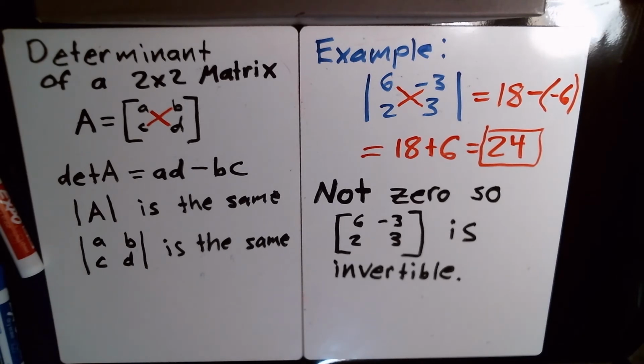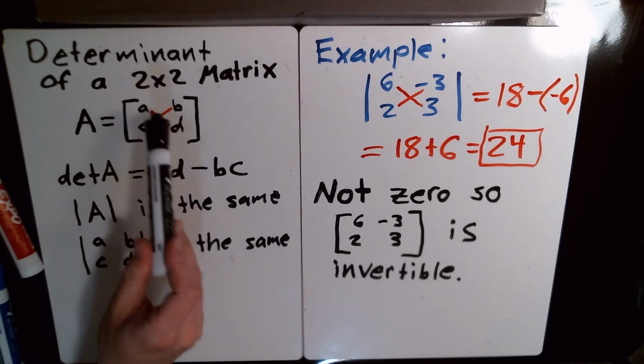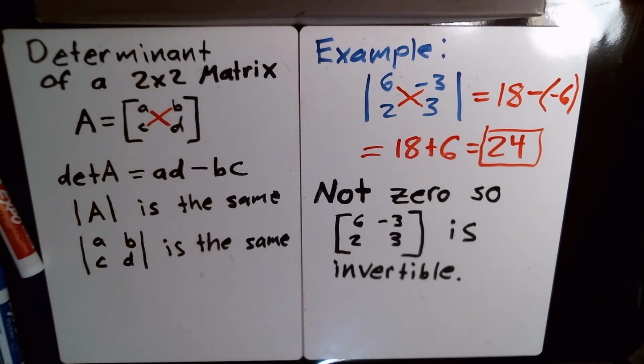Hopefully that gives you a little bit of an access point into these problems. In the next video, we're going to look at, well, we've only looked at determinants for 2x2 matrices. How do we define them for larger matrices? We'll see that shortly. But essentially, the same rules apply.